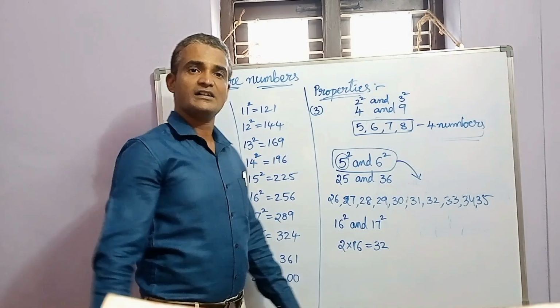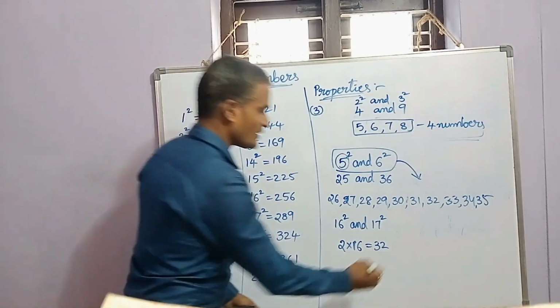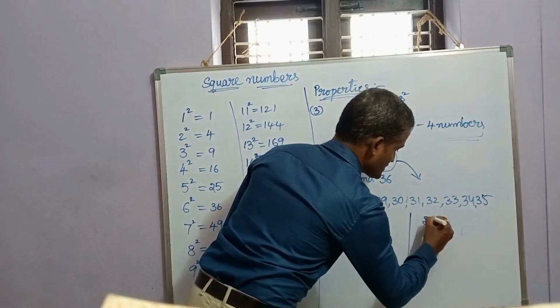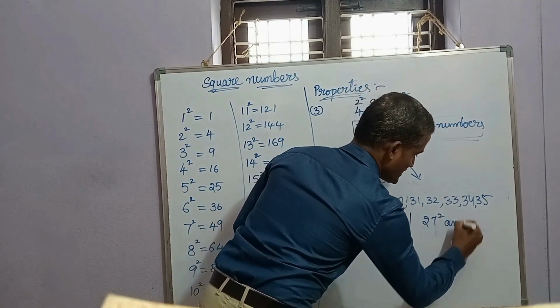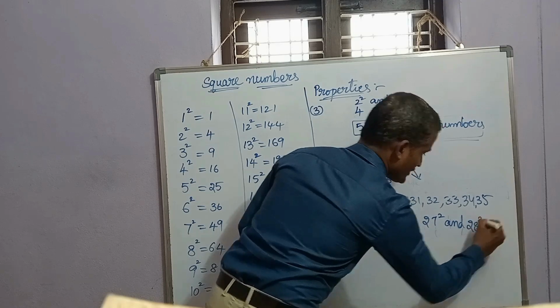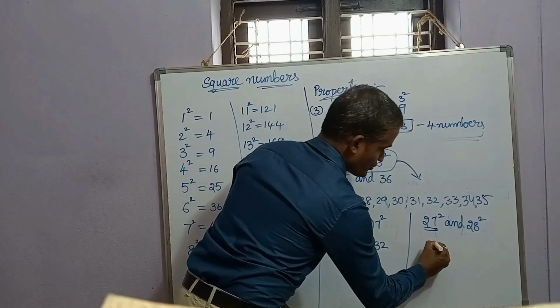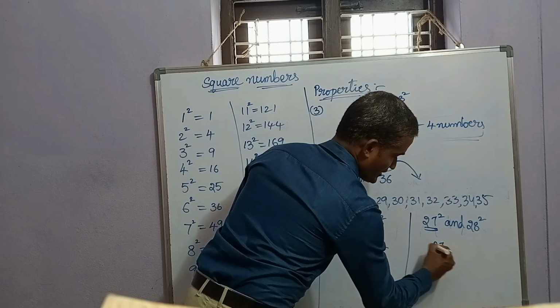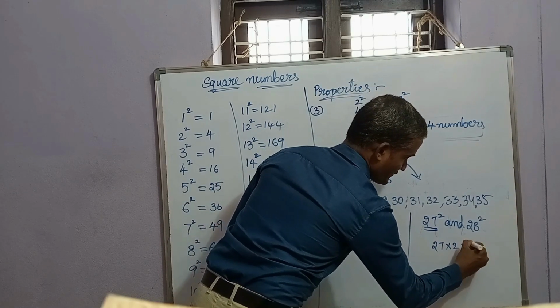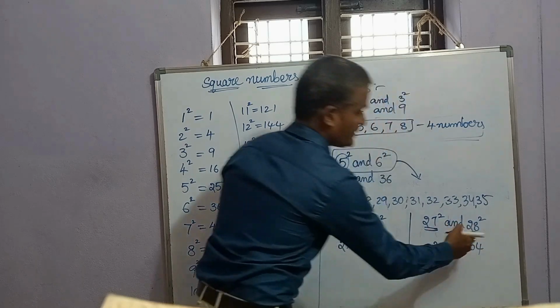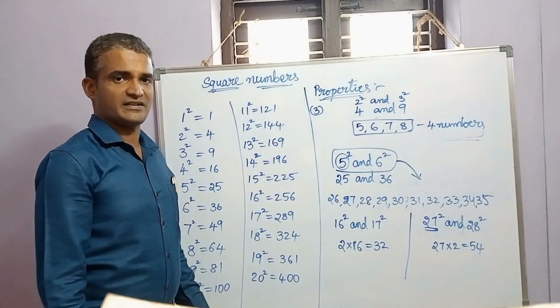If I ask you 27 square and 28 square, in between them how many are there? The same, 27 into 2, the answer is 54. 54 numbers are there which are not perfect squares at all.